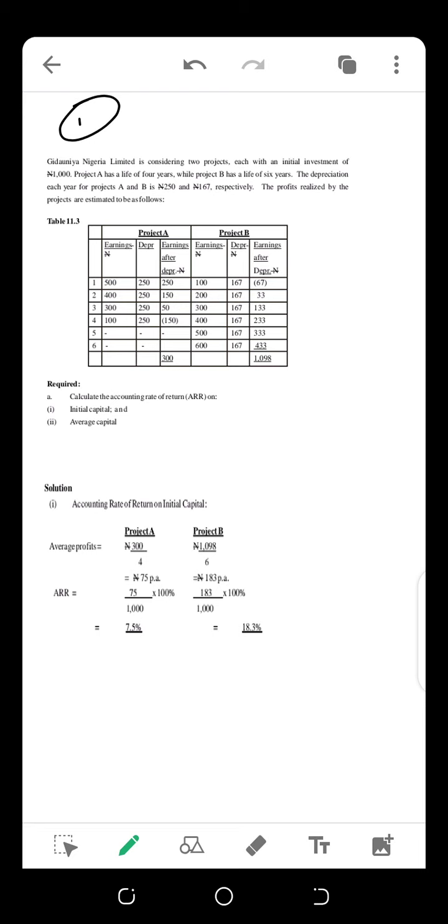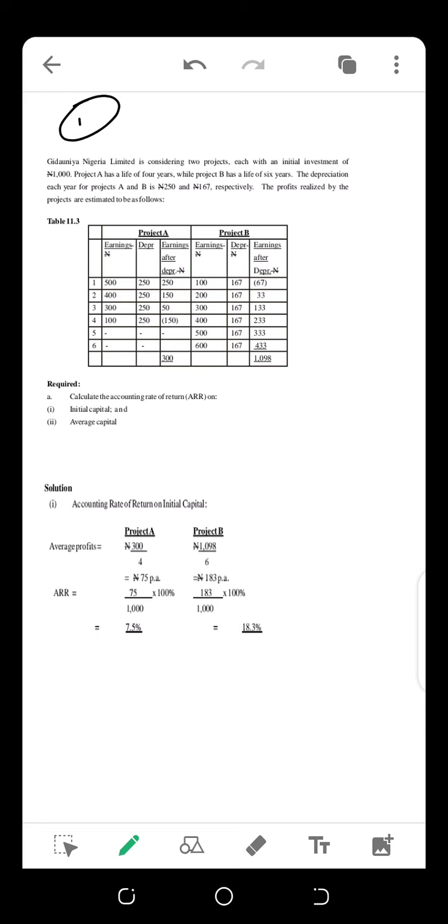Project A and project B. This is a 2 project question, so they want you to make a comparison of which one will have the higher percentage return, which one you should go for. So in this instance, you need to make a decision. They say project A has a life of 4 years, while project B has a life of 6 years. Which of the projects will have the higher accounting return?